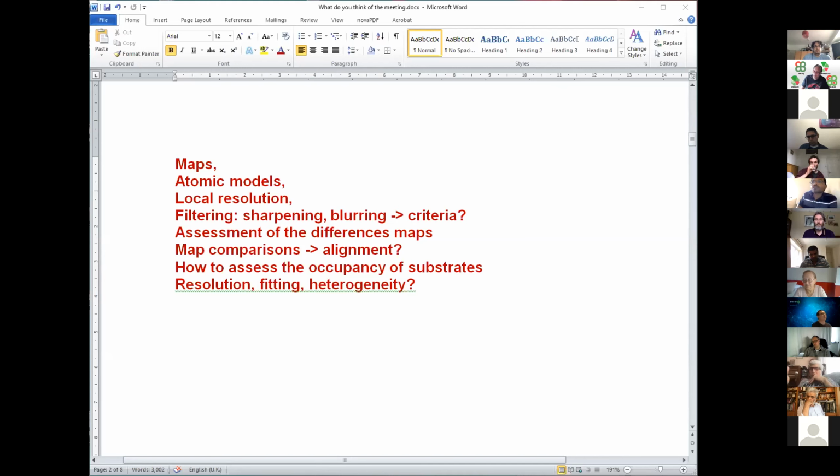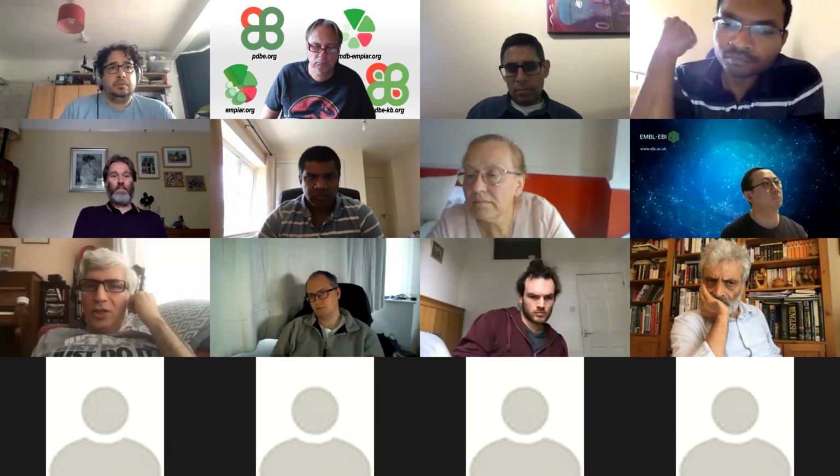Actually, I'm seeing some of the questions arising in the chat, and I suppose this is a database question, which is the database official contour level that's reported, that's suggested. I think we don't believe so much in that number, as you know. I guess in a way that number is for somebody who's pulling up a map and is not a structural biologist.